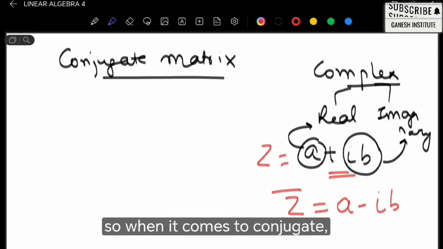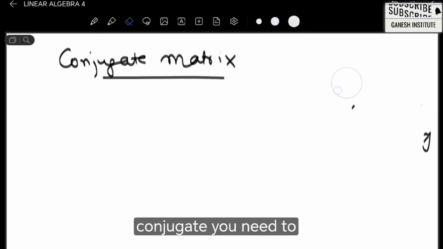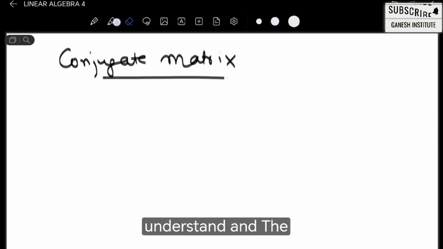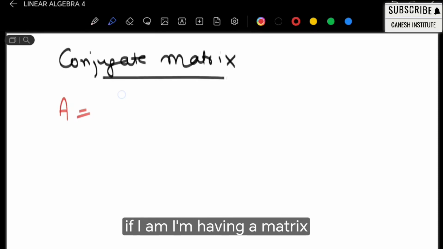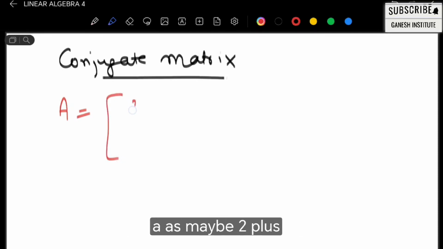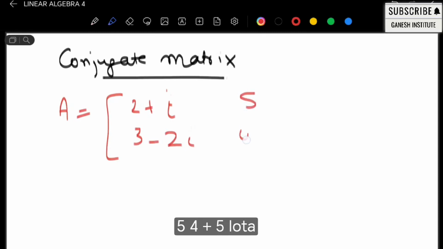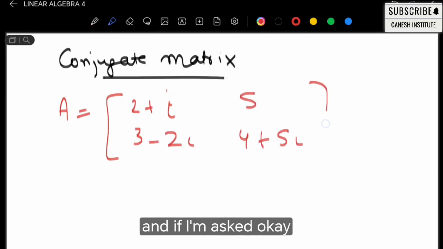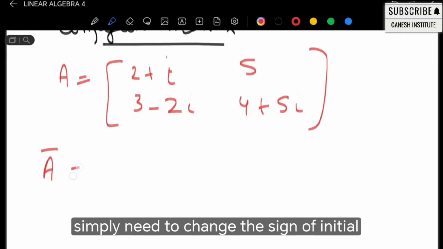So when it comes to conjugate, you need to understand the matrix. If I'm having a matrix A as maybe 2 plus iota, 3 minus 2 iota, 5, 4 plus 5 iota, and if I'm asked, find its conjugate, then you simply need to change the sign of the imaginary part.